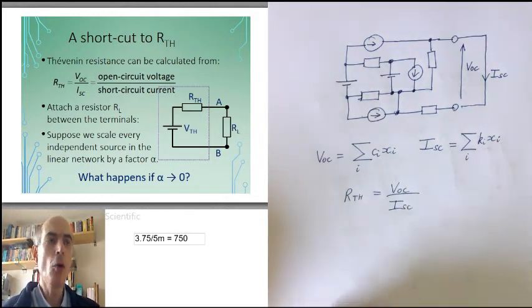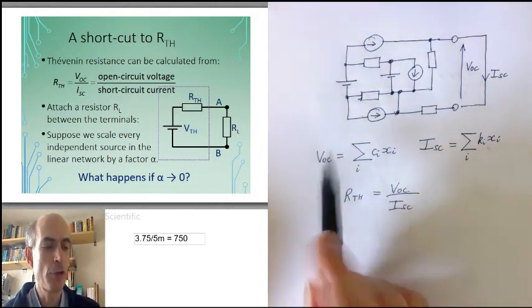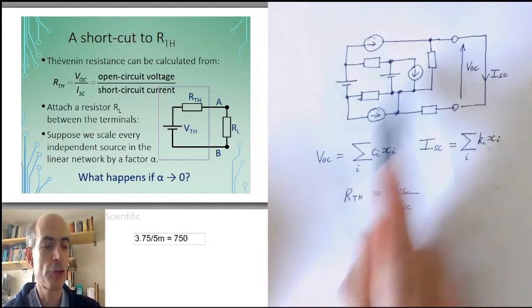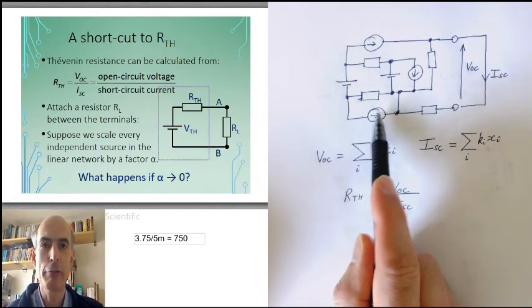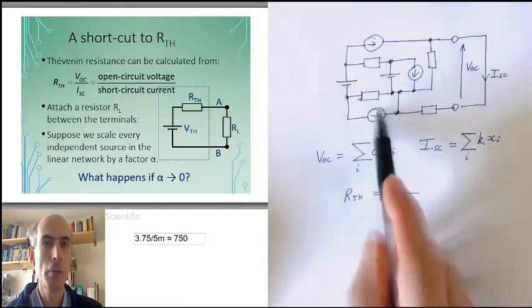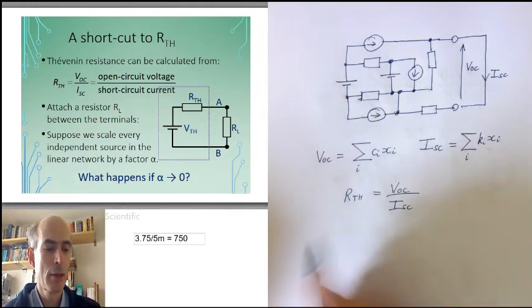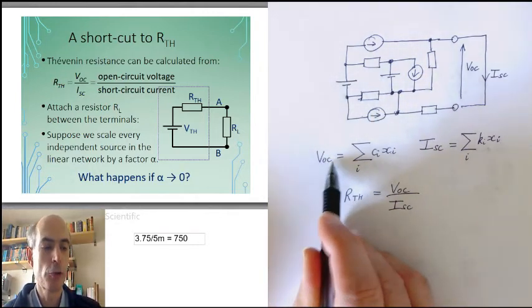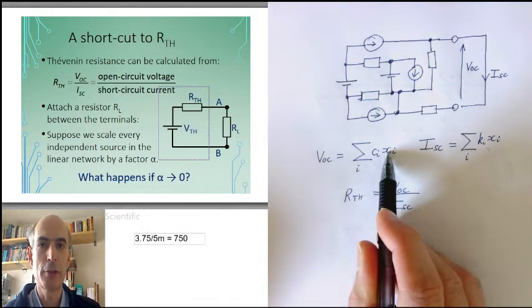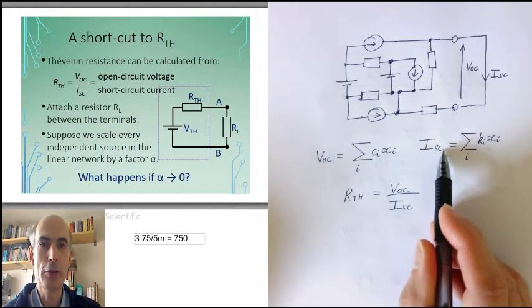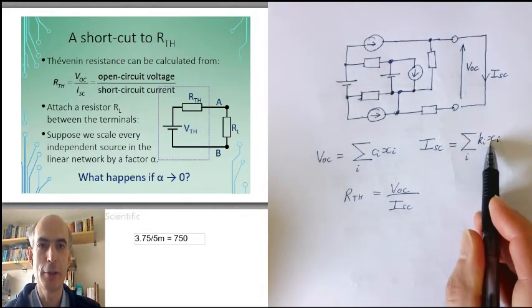Now, what happens if I increase all of the sources in the circuit by a factor alpha? Just multiply them all by alpha. The open circuit voltage would increase by a factor of alpha. The short circuit current would increase by a factor of alpha.